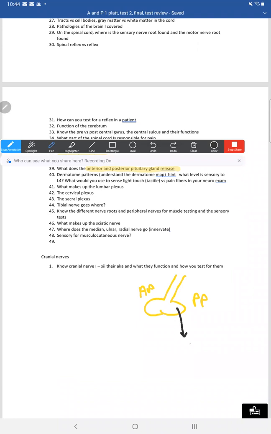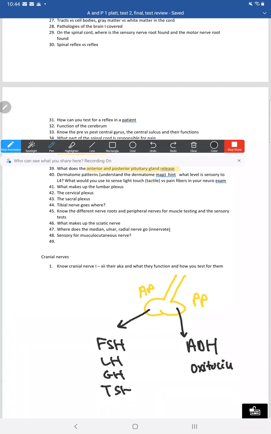Posterior pituitary releases ADH, antidiuretic hormone, and oxytocin. And then the anterior pituitary releases everything else: follicle stimulating hormone, luteinizing hormone, growth hormone, thyroid stimulating hormone.